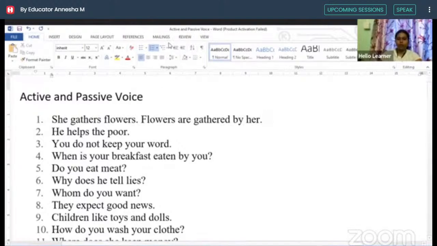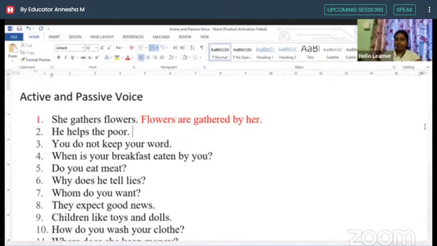Absolutely correct. Very good. Flowers are gathered by her because this is simple present tense, right? So we are changing it into passive. Flowers, the object, becomes the subject. Are, because flowers is plural, right? Gathered is our V3 and by her is by the subject. Very good, Abhay.